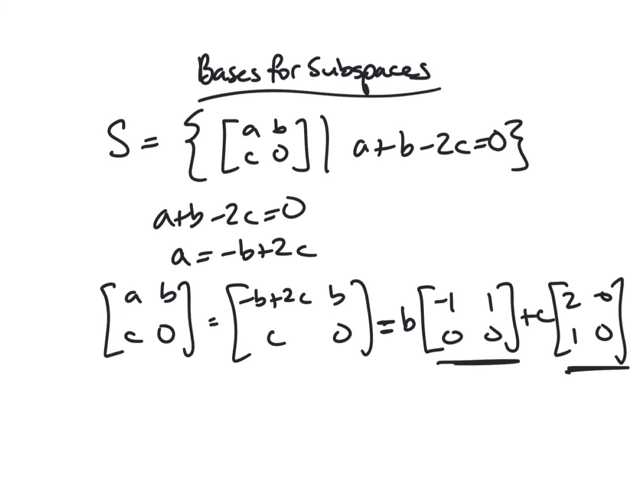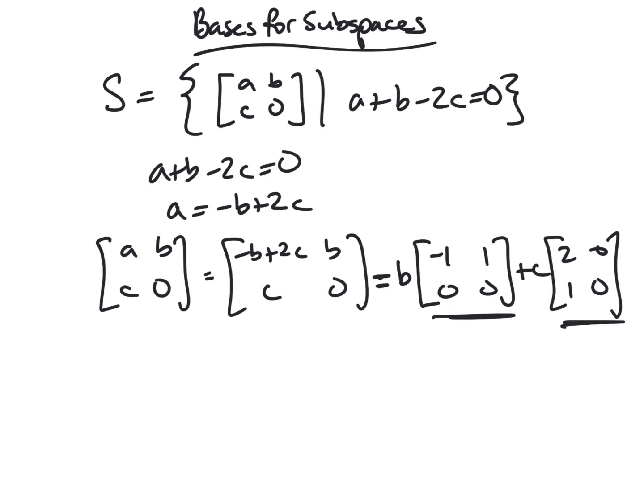Then the question is, are they linearly independent? And of course, the answer here is yes, because again, I have only 2 vectors, and they are not multiples of one another. But if you wanted to go the long route, these span my subspace S. You could just go through this way, snake down, and put in the entries.